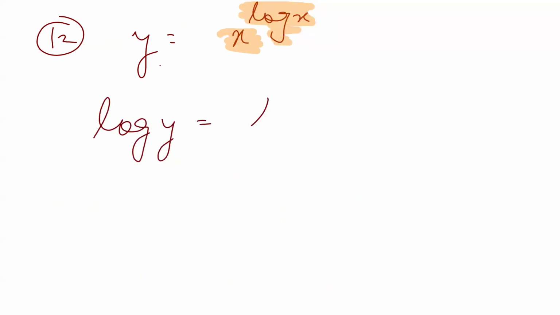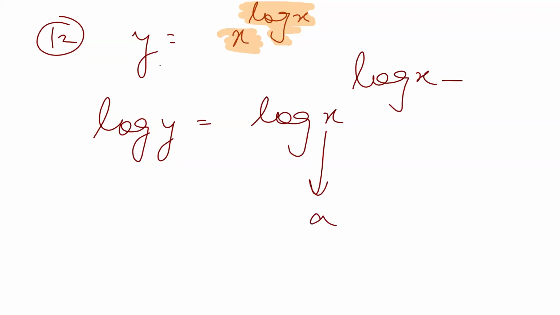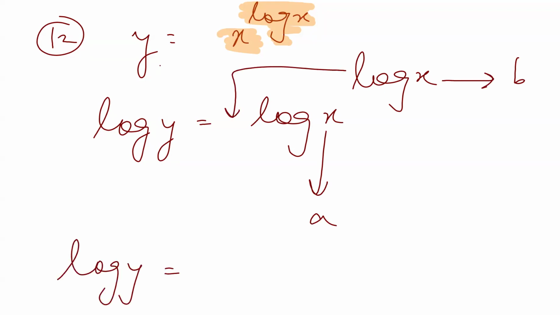So log y is equal to log of x raised to log x. Now this is a and this is b. So log a raised to b is equal to b log a. So this b will come ahead over here. So log y is equal to log x, b came ahead, into log x.